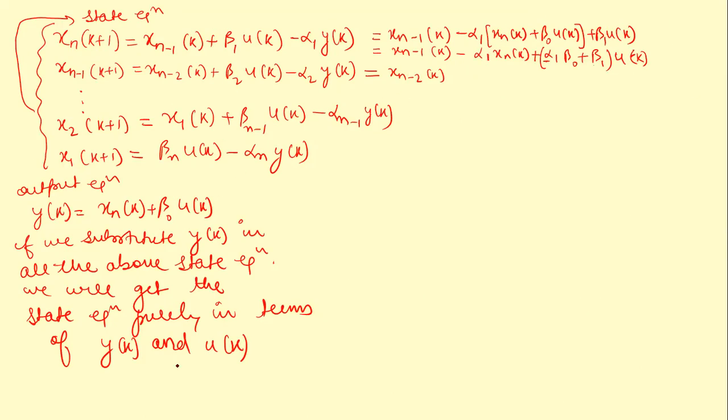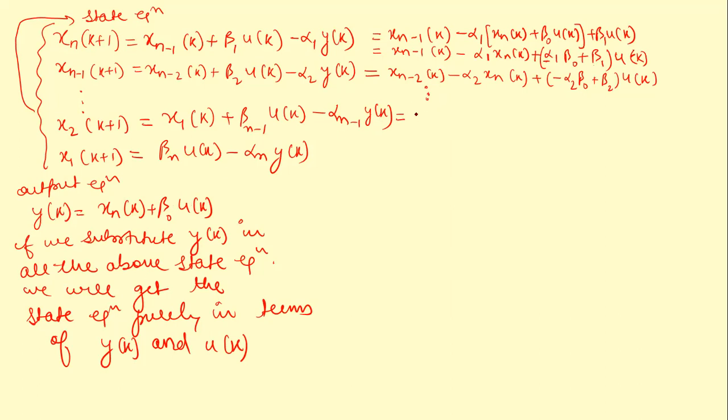So when we substitute yk in this equation, x n minus 1 k plus 1, we will have x n minus 2 into k plus minus alpha 2 x n k plus minus alpha 2 beta naught plus beta 2 uk, right? And in this way we will have an equation for this also. We will replace yk with the given equation, this one.